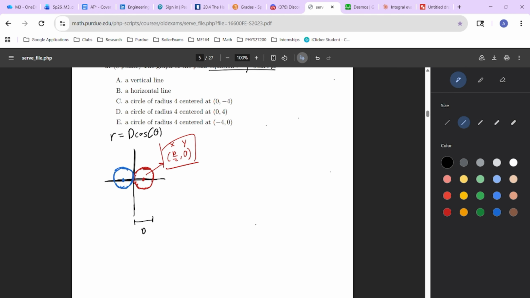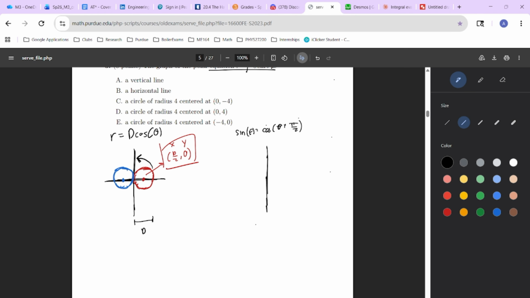Now, importantly, remember that sine theta is just equal to cosine of theta plus pi over 2. So it's been shifted by 90 degrees. So you can imagine that a circle representing d sine theta would just be this red circle here, just shifted 90 degrees, or rotated 90 degrees about the origin.